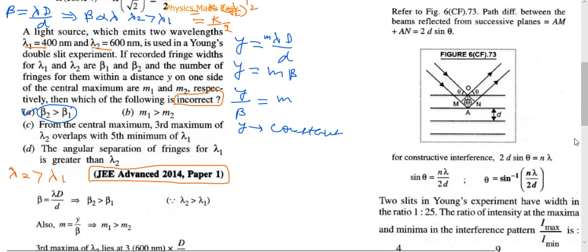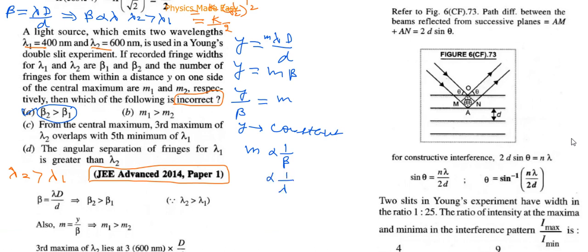If y is constant, now y is given to be constant. What does this mean? m is inversely proportional to beta. Beta is directly proportional to lambda. It means m is inversely proportional to lambda.